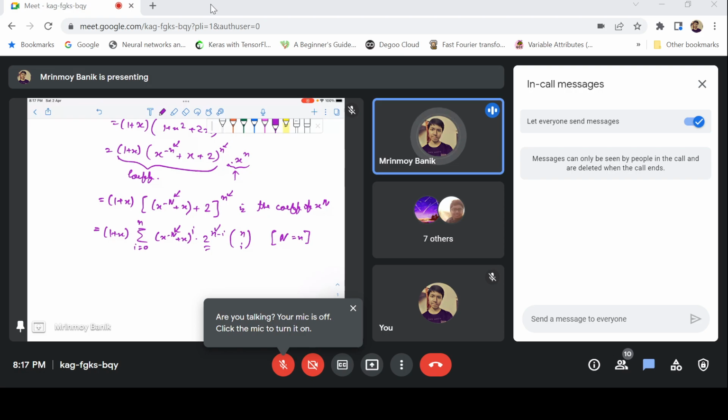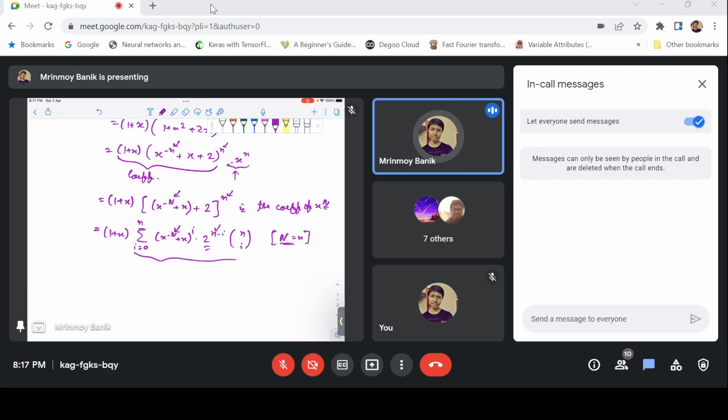But here it's a constant, and capital N is not a constant here. This thing is evaluated at capital N equals n to get the coefficient of x power capital N or x power n. But here this n is a constant and this is a variable. Or you can just continue with that small n.